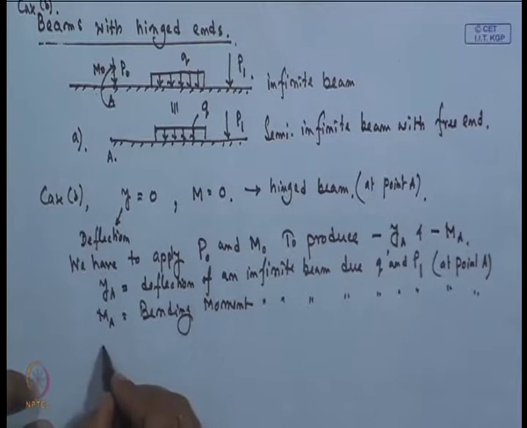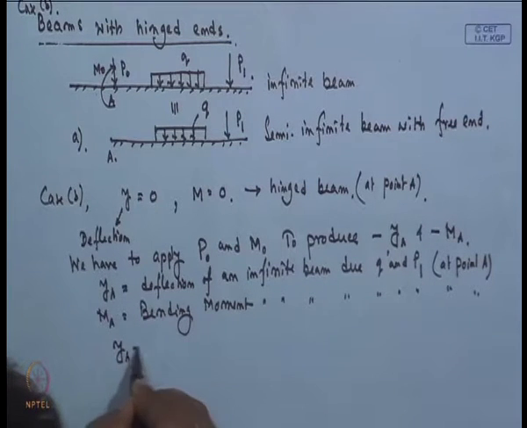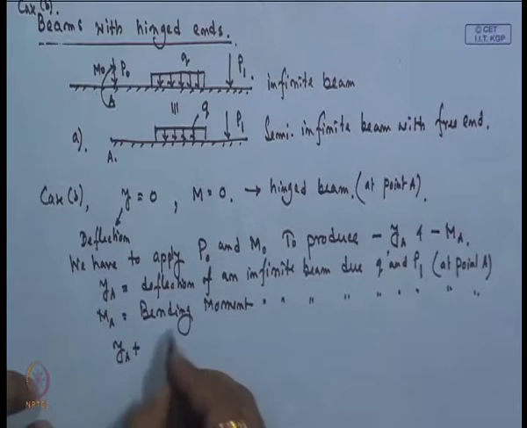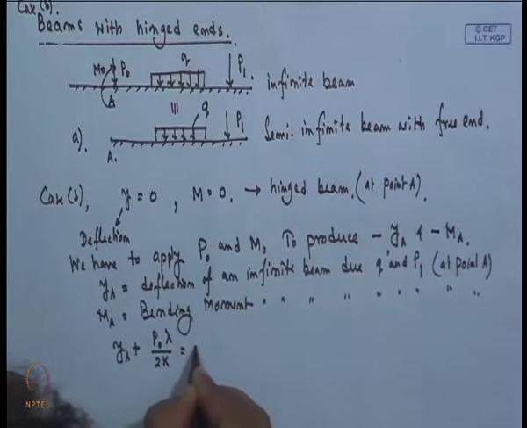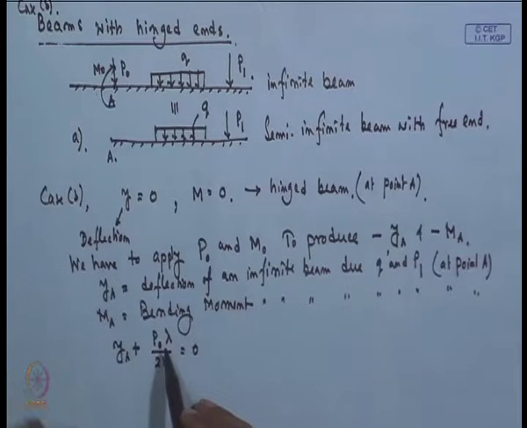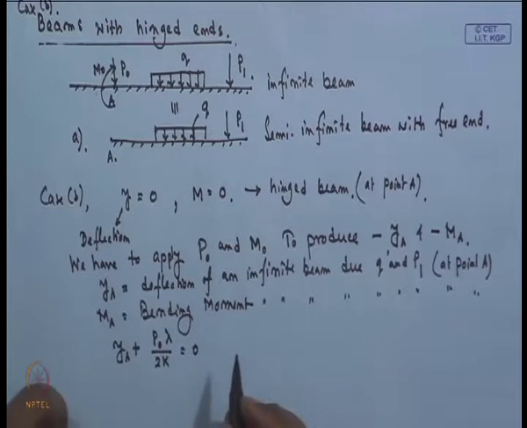Now the net deflection: y a plus the deflection expression P 0 lambda by 2 k is equal to 0. This is the deflection due to the application of the concentrated load.